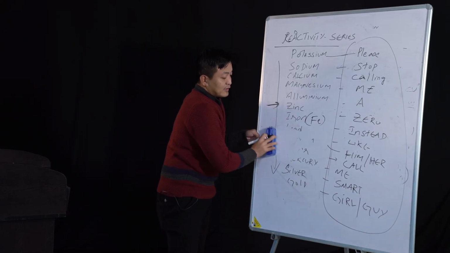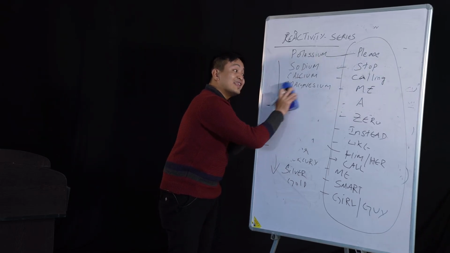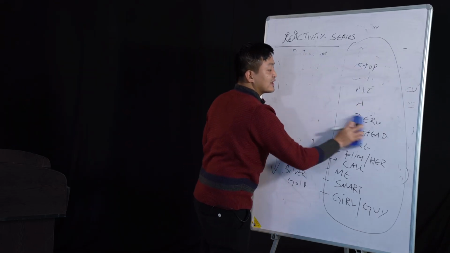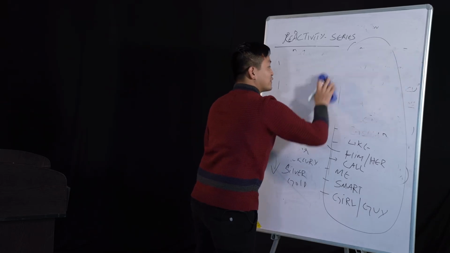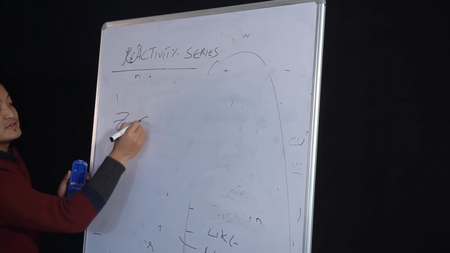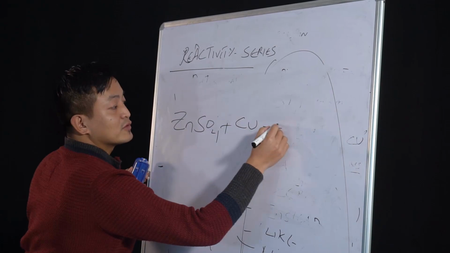Okay, now if you are done with this one, before we go to the next type of reaction, if in the exam a question comes in this way: zinc sulfate reacts with copper, what will be the result?